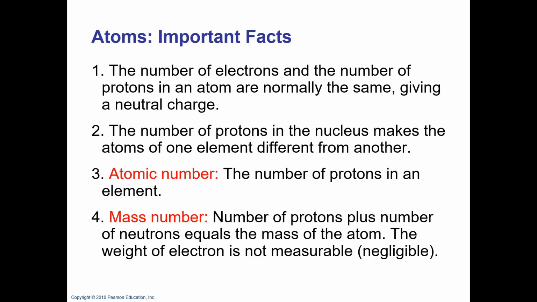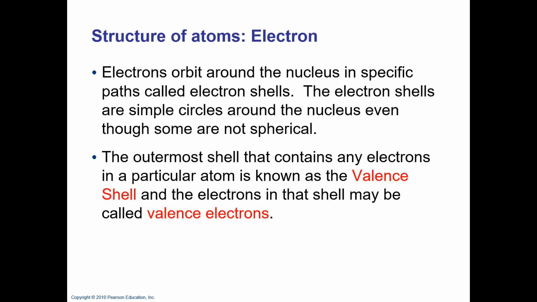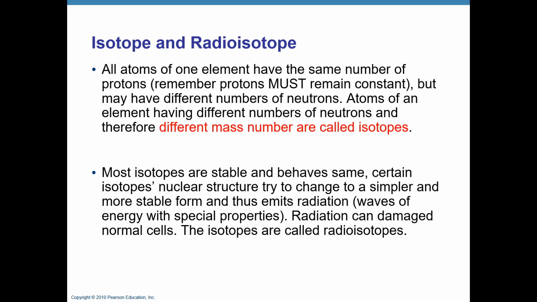Okay, so we already talked about the atomic number and mass number. We already talked about the shell and valence shell, valence electrons. We already talked about the isotope and radioisotope.